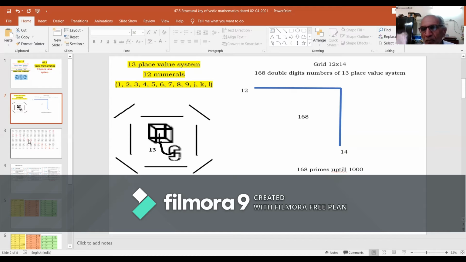This technique makes Vedic systems of potentialities of exhaustive coverage in terms of the artifices of numbers up till 1000. So in a way, Vedic systems are availing artifices of numbers 1 to 1000, and of it, 168 primes are being taken as the format for the double-digit numbers of the 13 place value system.